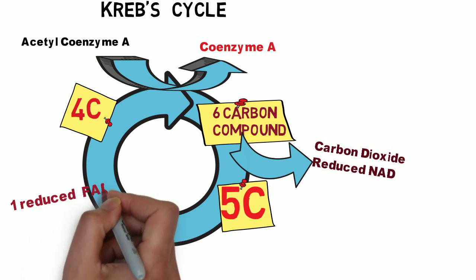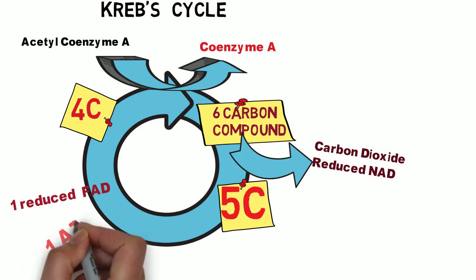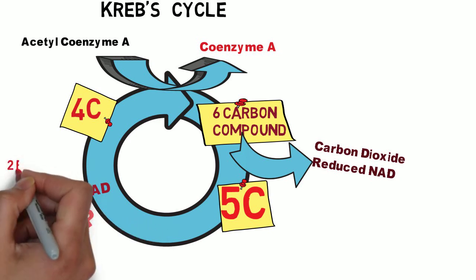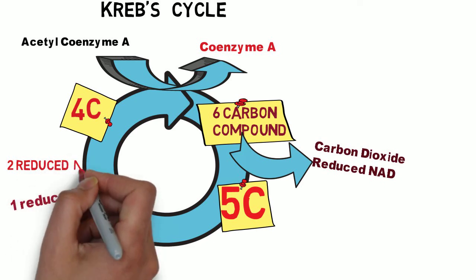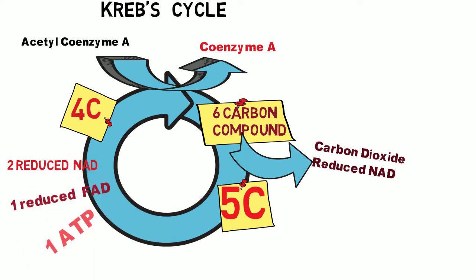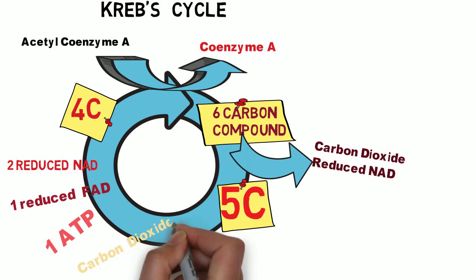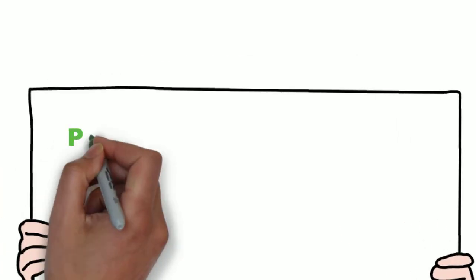One is one reduced FAD, because of one hydrogen being released, and one ATP molecule, and this is substrate level phosphorylation, different to the electron transport chain. Two reduced NAD are formed, capturing two hydrogens coming off, and carbon is released as well, forming carbon dioxide. Therefore, the 5C compound changes into a 4C, and then the cycle continues again.